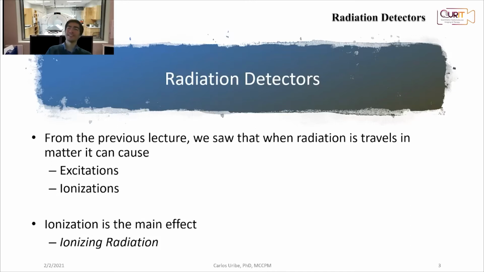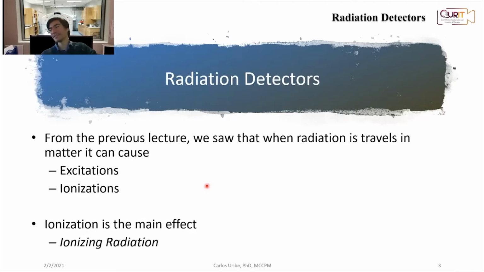Now the atom that's left behind has a net electric charge because there are going to be more protons than electrons. Because this radiation causes ionizations, ionization is the main effect. That's why you typically hear the name ionizing radiation.